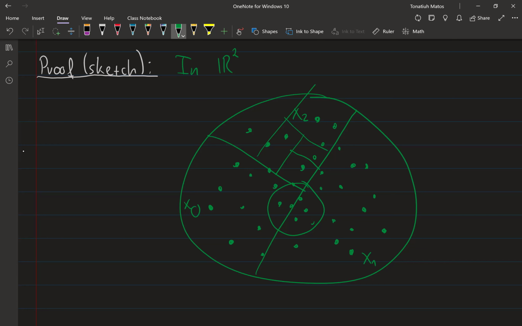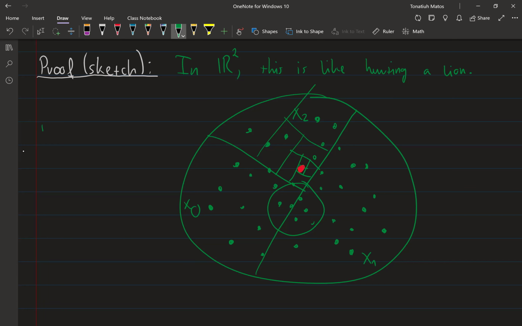It might not be unique, right? Maybe both halves have infinitely many points. And as you enclose and enclose and enclose, eventually you will force the lion to be trapped. So this is like hunting a lion, right?